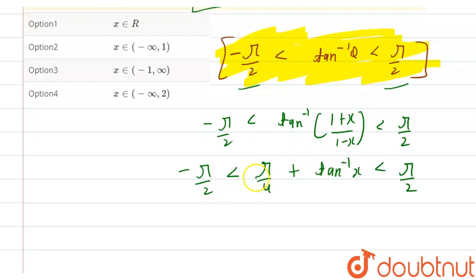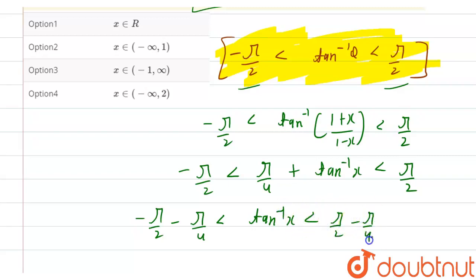Now if I try to remove pi by 4 from the whole equation, I have to subtract it from all parts. So I will get minus pi by 2 minus pi by 4 less than, it will cancel out when I am subtracting from the whole equation, tan inverse x less than pi by 2 minus pi by 4. I hope there is no doubt here. Till here everything is clear.